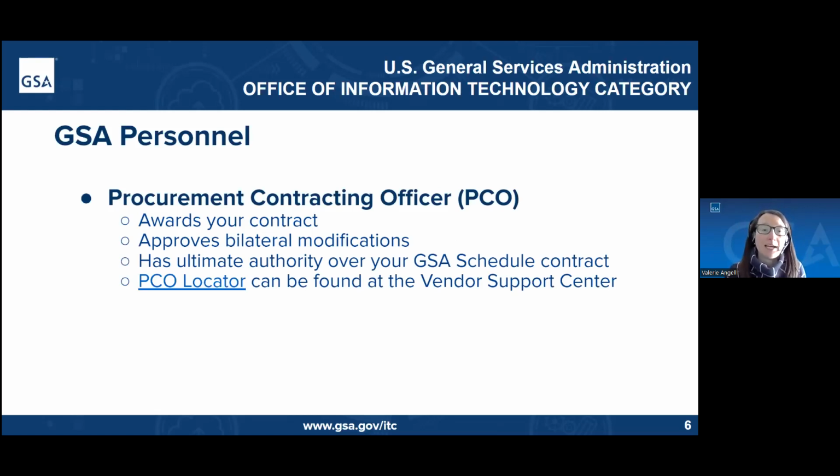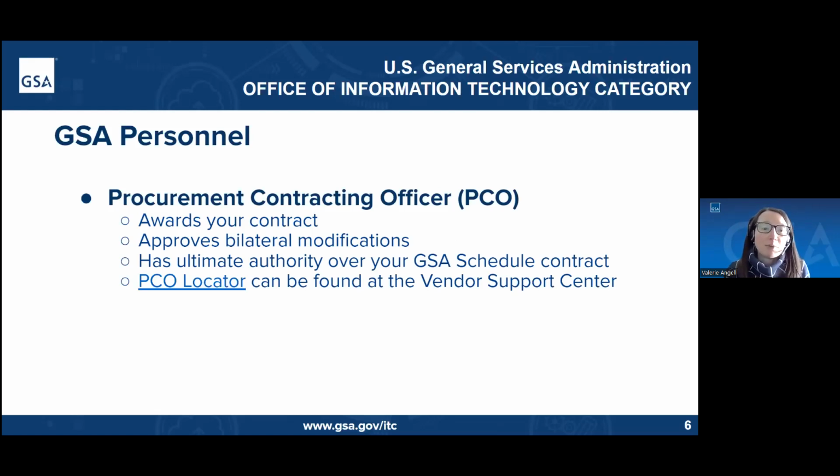So first up, we have the PCO, and as you can see, that stands for Procurement Contracting Officer. They are also referred to sometimes as your contract specialist. They're going to be the GSA representative that you're probably most familiar with at first, because they negotiate and award your contract. So they negotiate your offer with you when you first submit it.